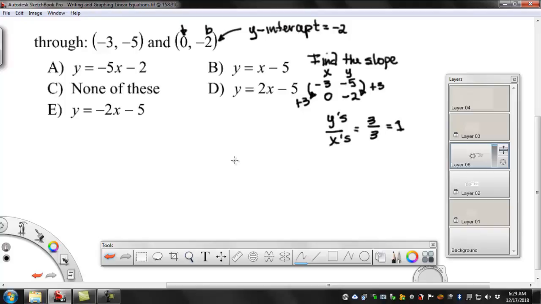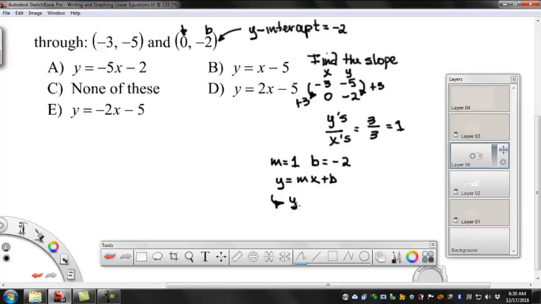Now we'll use our slope-intercept form. We know that m equals 1 and b equals negative 2. The slope-intercept form is y equals mx plus b.